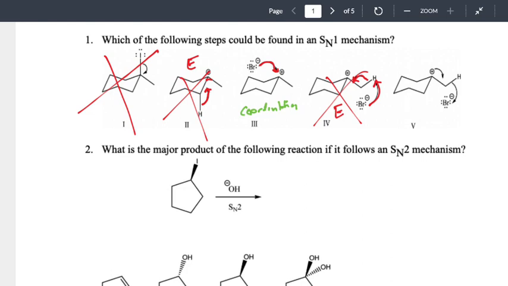Your response to that should entirely be, what the hell is going on with that? Okay? That is the appropriate response. I should never have an arrow start at a positive charge. That's just nonsensical.